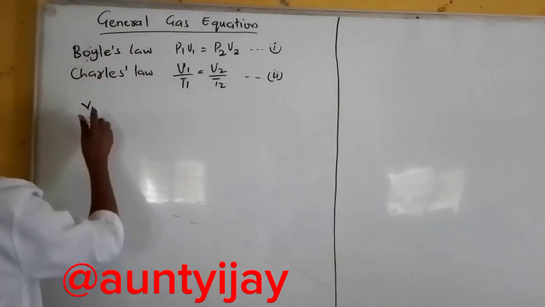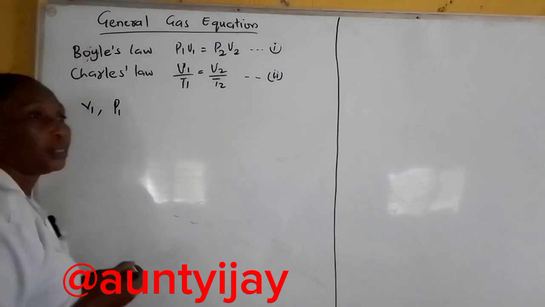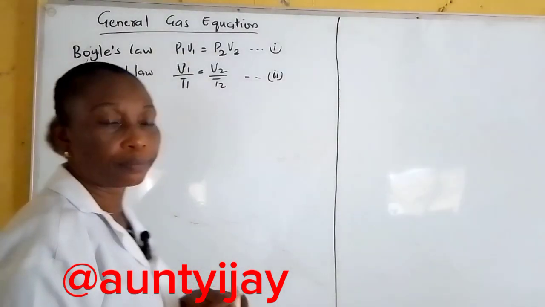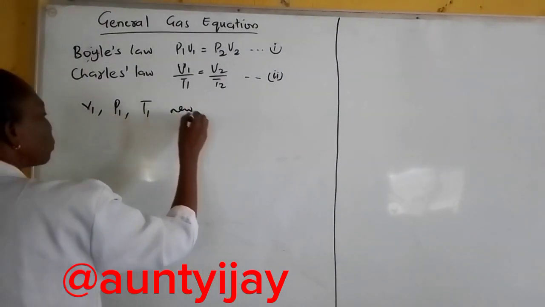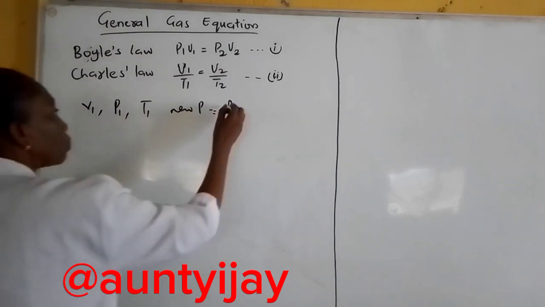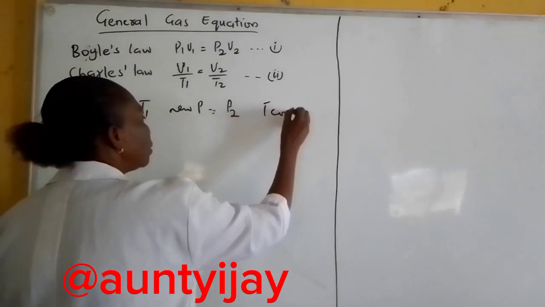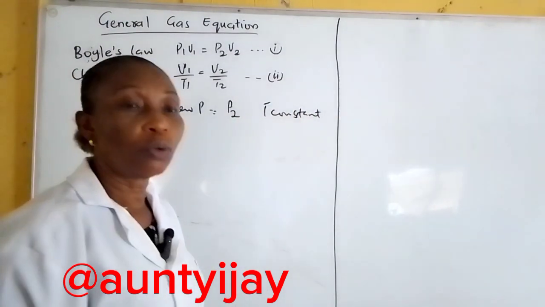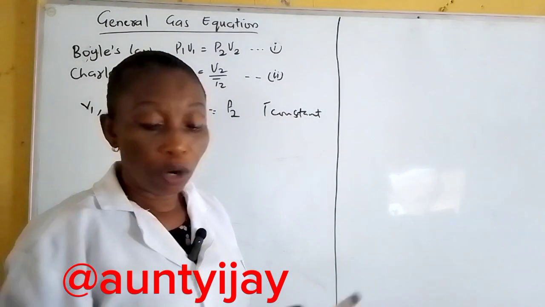That's the initial volume, at a pressure P1 and absolute temperature T1. If the pressure changes to a new pressure P2 while keeping the temperature constant, then using Boyle's law we derive the expression for the new volume.